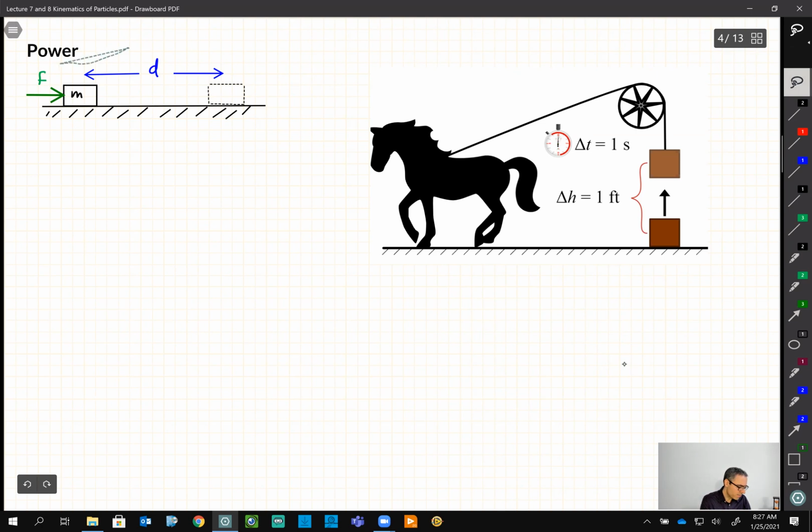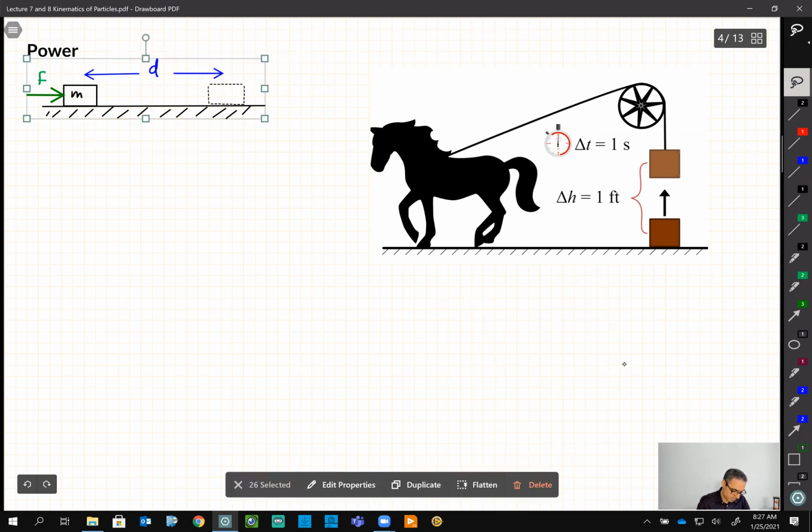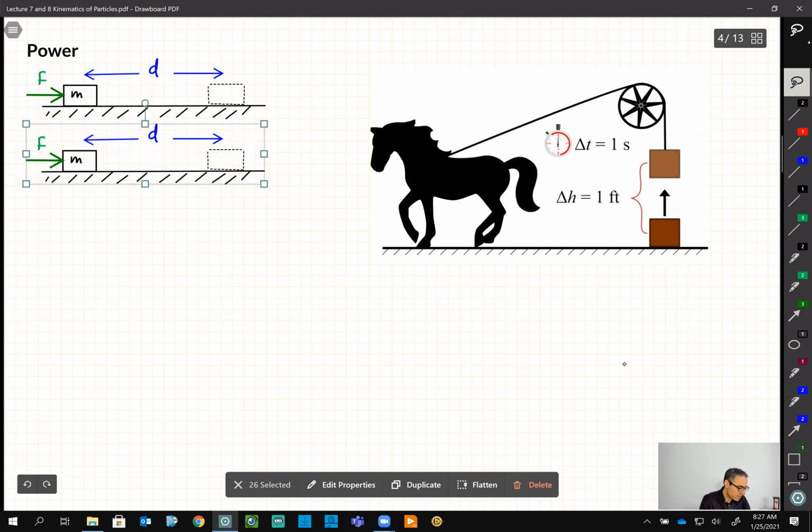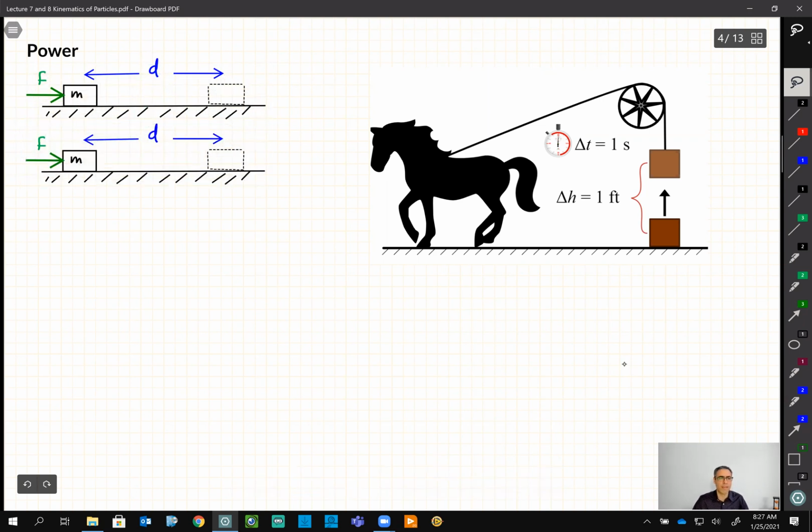So basically the same system. Now let's say I have the same system again, the same force, the same magnitude, the same distance. But the first guy takes maybe 10 seconds to move the box to the new position. This one takes 100 seconds.